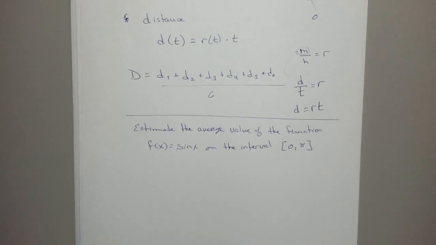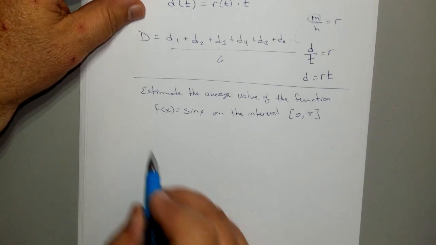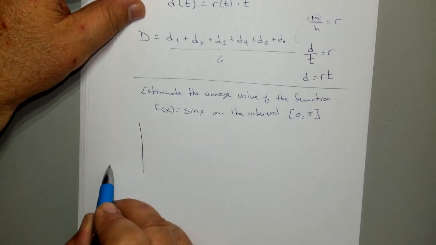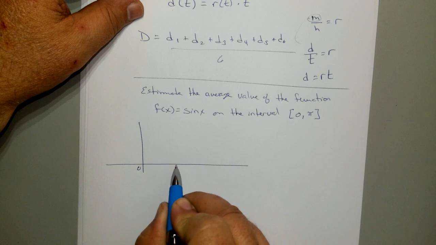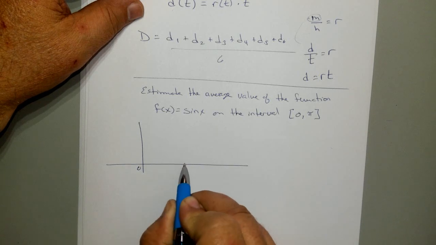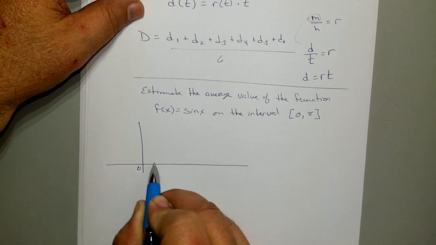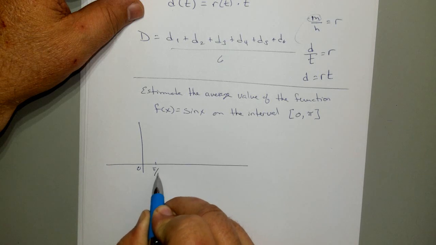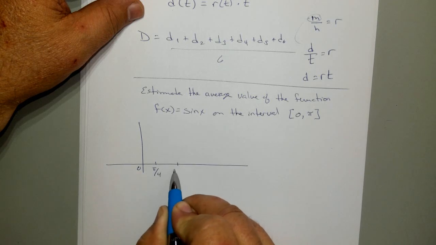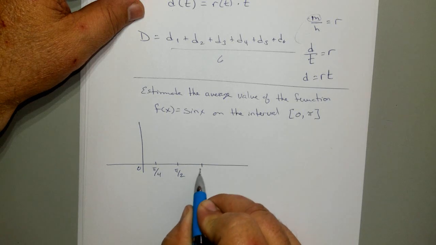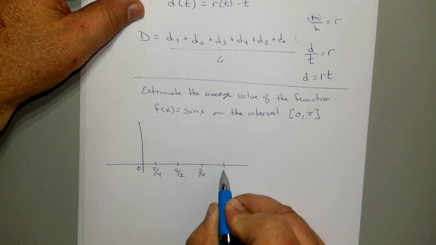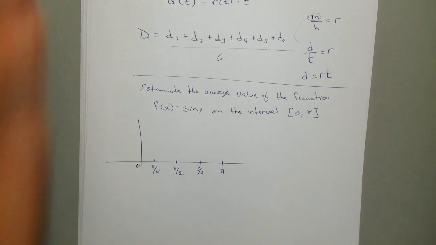Okay, let's draw it. Very good. Always draw a picture so you have a better idea what you're looking for. We're going from 0. Let's see, we have pi over 4, pi over 2, 3 pi over 4, and pi.